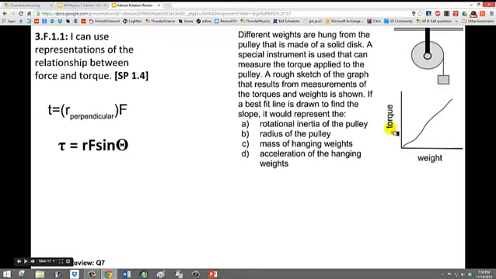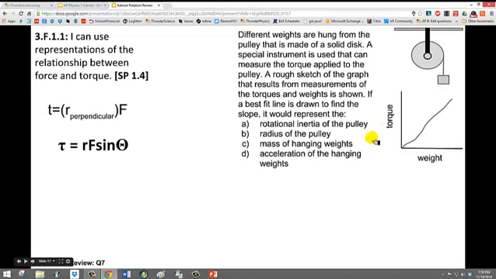And it turns out that in this particular graph, if I look at this as a y equals mx plus b graph, this would be my y, this would be my x. So notice the force due to gravity, the weight, is the horizontal variable.